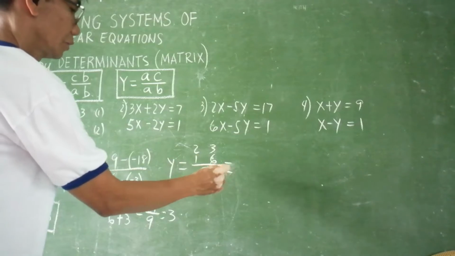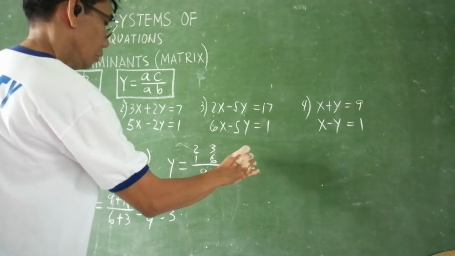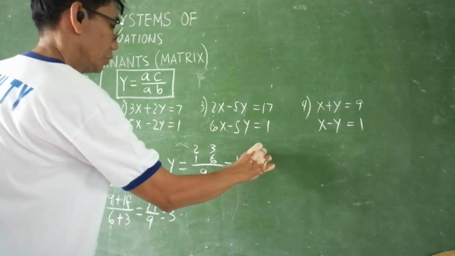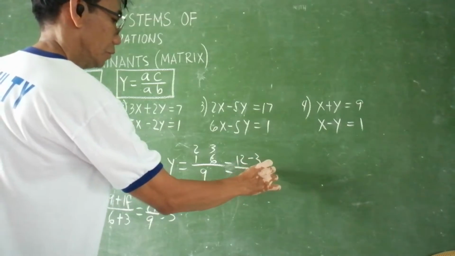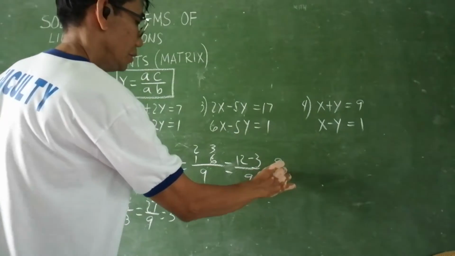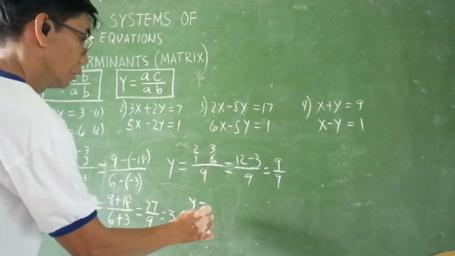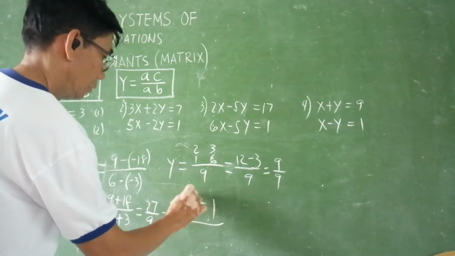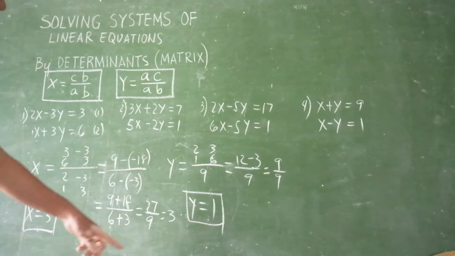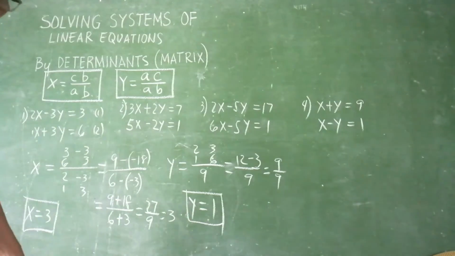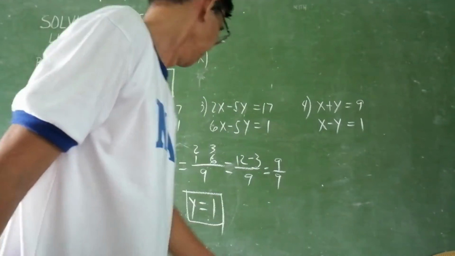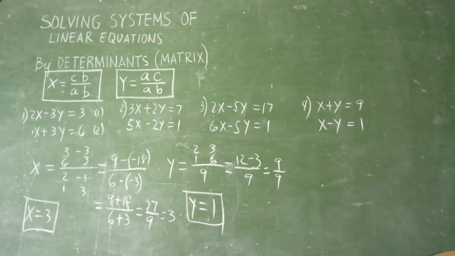So 2 times 6 is 12 minus 3 over 9. So that will be 9 over 9. So that y will be equal to 1. So y equals 1. That is for number 1.